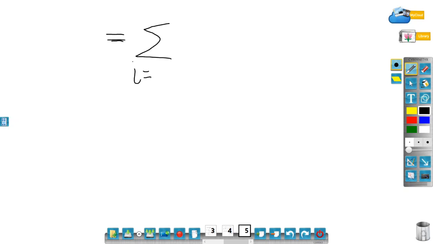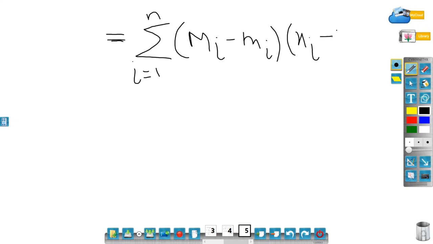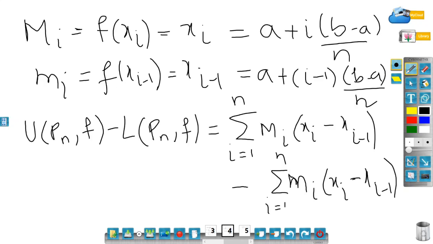We can take i goes from 1 to n of capital Mi minus small mi, and here times (xi minus xi minus 1). So what is capital Mi minus small mi? That means these two I have to subtract.